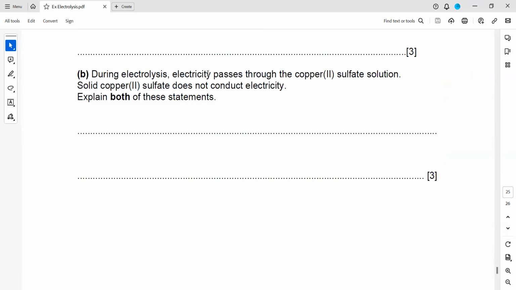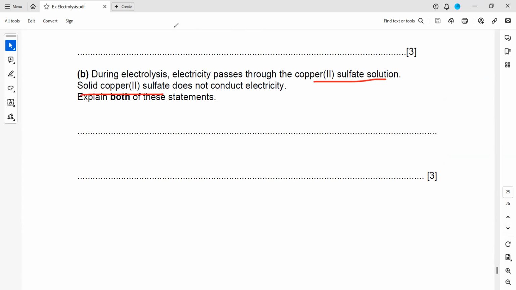During electrolysis, electricity passes through copper sulfate solution. Solid copper sulfate does not conduct electricity. Explain both statements. So when we do electrolysis of copper sulfate solution, the solid does not conduct electricity.